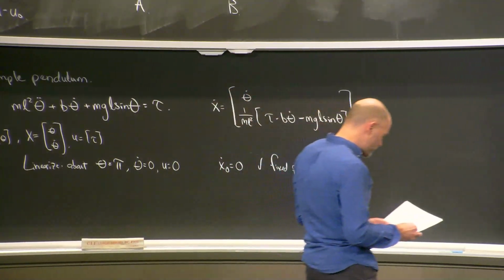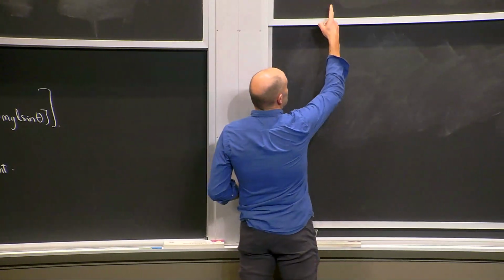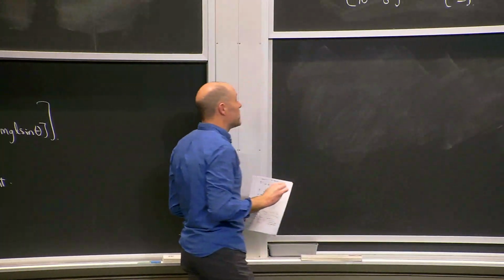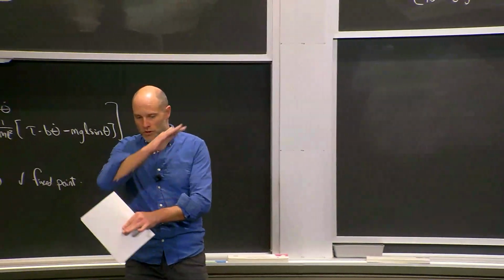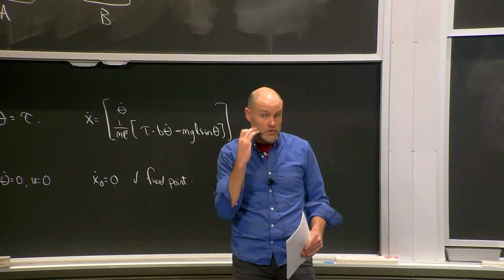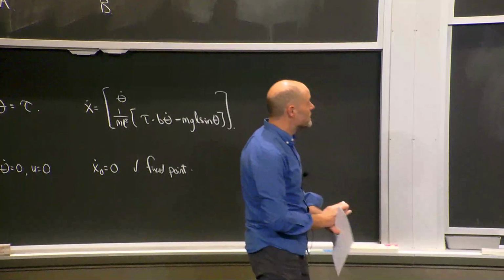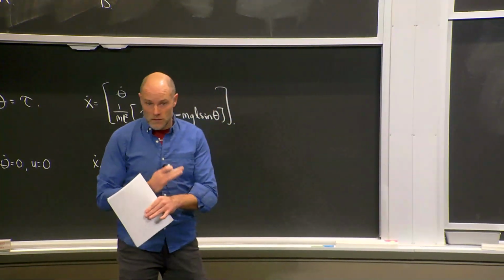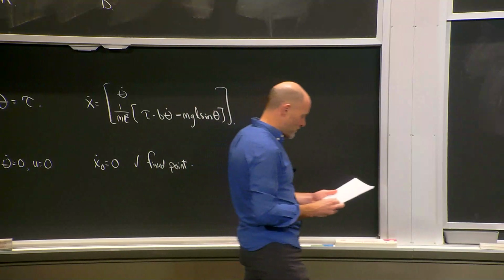So let's just think about u equals 0 and look at the dynamics. Remember we drew the pendulum dynamics when u was 0, then for a couple different u's. So let's draw the u equals 0 case, and that'll be completely defined by the eigenvectors and eigenvalues of the A matrix.